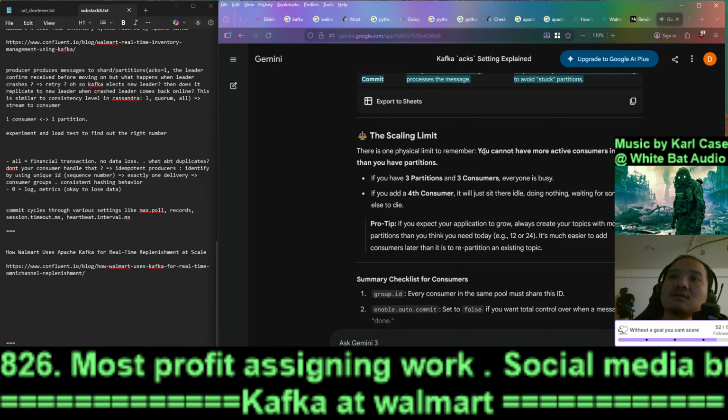You cannot have more active consumers in a group than you have partitions. You have 3 partitions and 3 consumers, everyone's busy. If you add a fourth, it will just sit there idle.